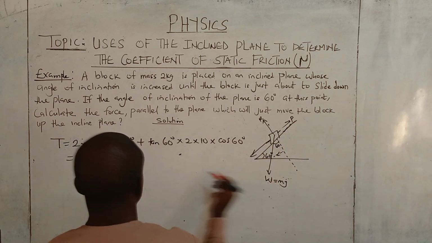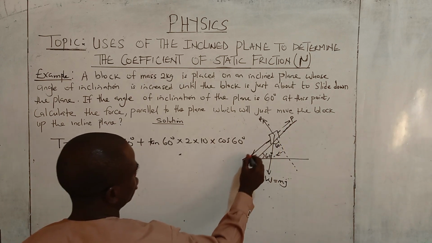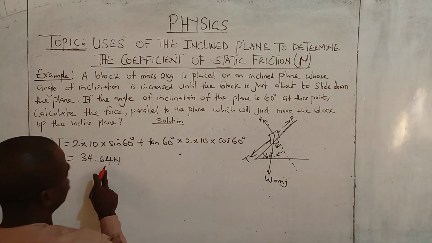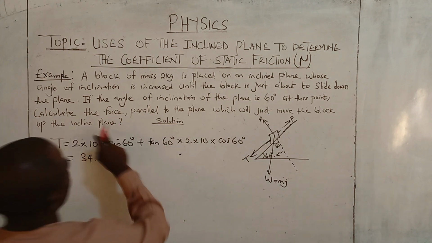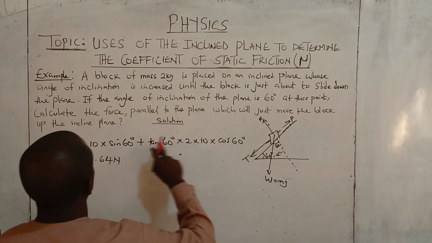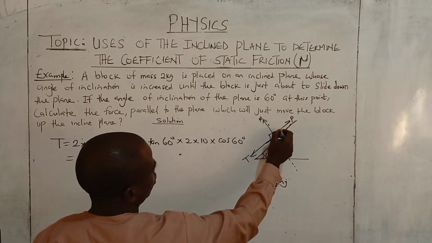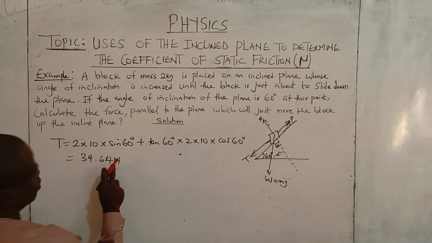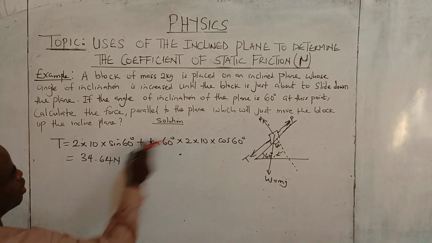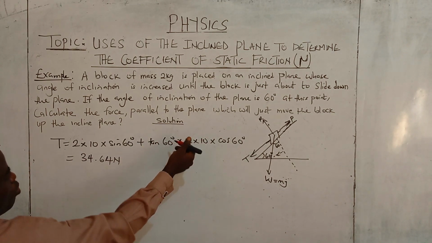We want to use it to pull the block up the inclined plane. Now, the force that is pulling it down, the tension, is what you got as 34.64. The parallel force that will just move the block up the plane must be greater than this. The tension will pull it down.